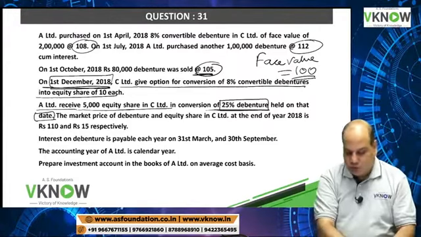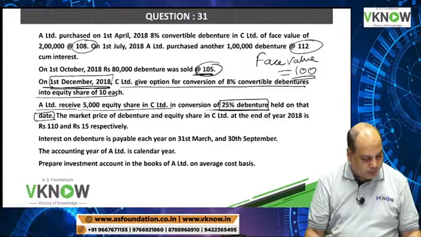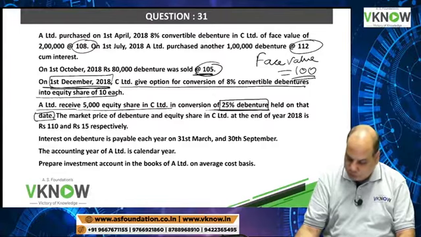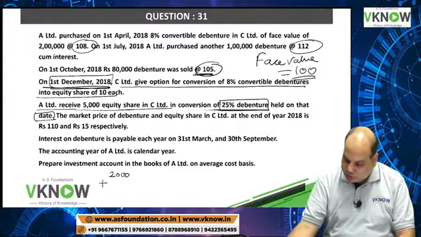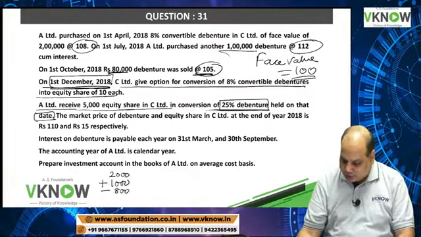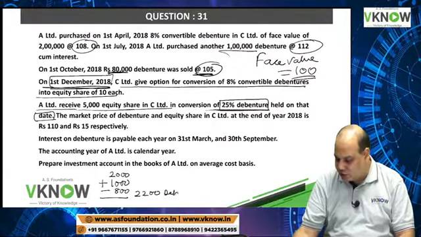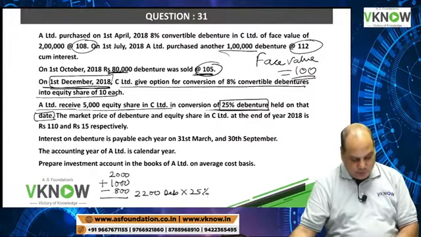So let me check how many debentures will be converted into shares. You had purchased first debenture of 2 lakh rupees, 2000 debentures. Then you purchased another debenture of 1 lakh rupees, 1000. And you sold 80,000 rupees, so that is 800. So you have 3 minus 8. How much is that? 2,200 debentures you are holding, into 25%.